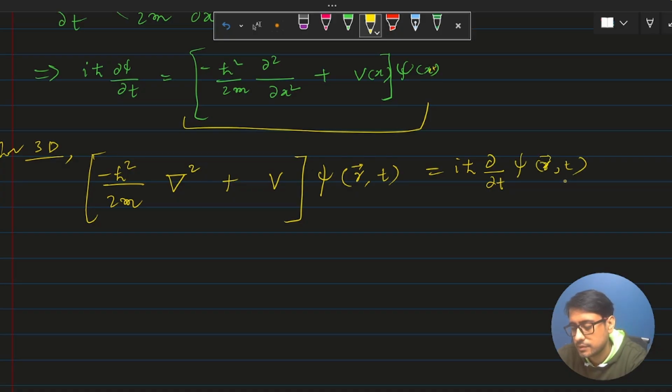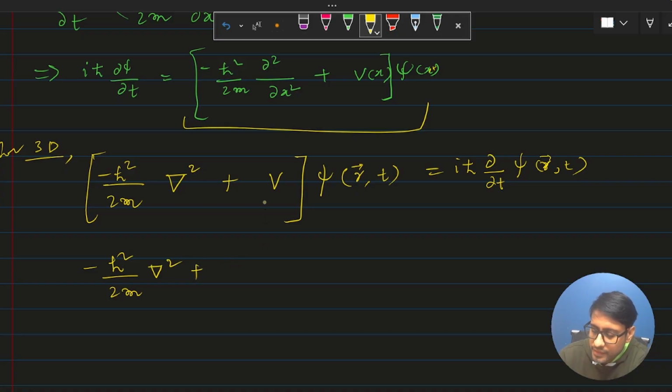Psi is a function of position and time both, and then we are going to take the conjugate of this equation. If we take the conjugate of this equation, then this will become minus h bar squared over 2m del 2 plus the V, this will remain the same, but this term is going to be the complex conjugate of the psi.